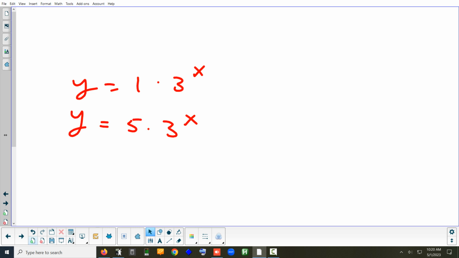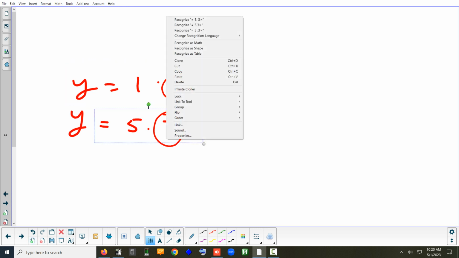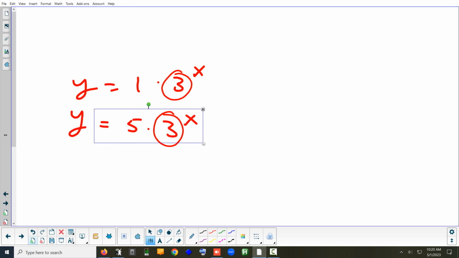And I would ask you to compare these two. First of all, you can only do a problem with a compare if those are the same. We're not going to compare something that has a different number here and a different number here. When you do a compare, these two numbers will always be the same. These are going to be the numbers that are different. And we're going to explain how you write what's happening.